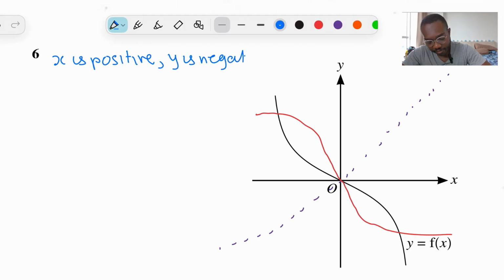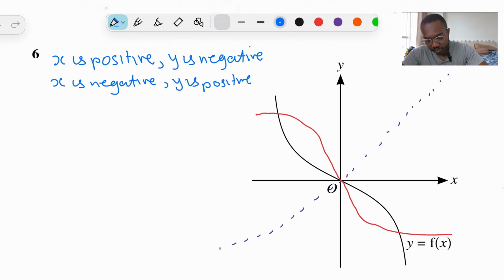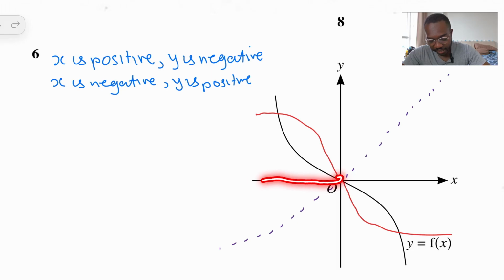And the same happens when x is negative, y is always going to be a positive value, because looking at our graph, when we have any negative x values, we are in this quadrant here, and y is always positive. When x is positive, y is always negative.